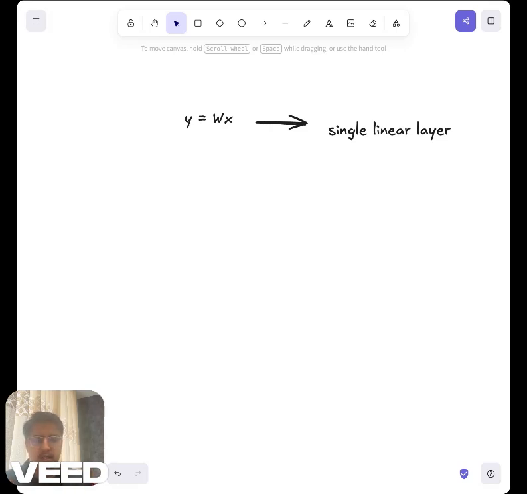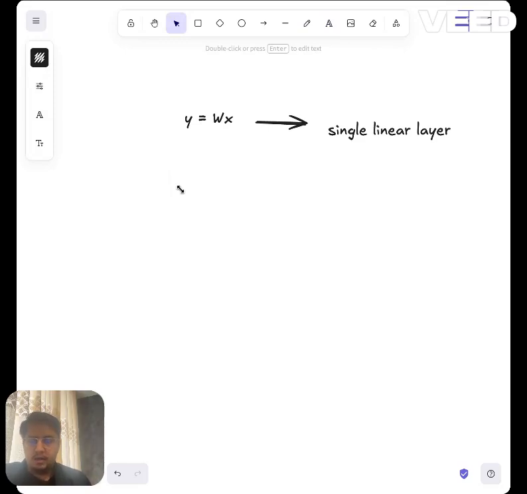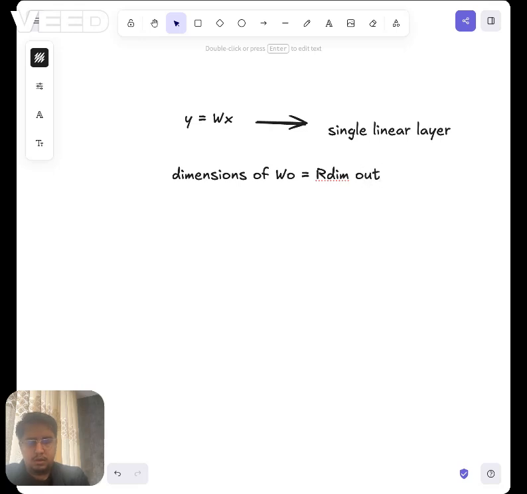So let's be explicit about it: the dimensions of W naught are in R of dimension out cross dimension in.